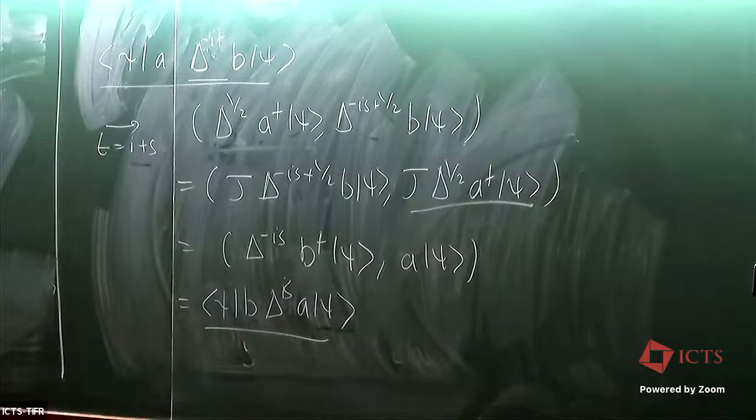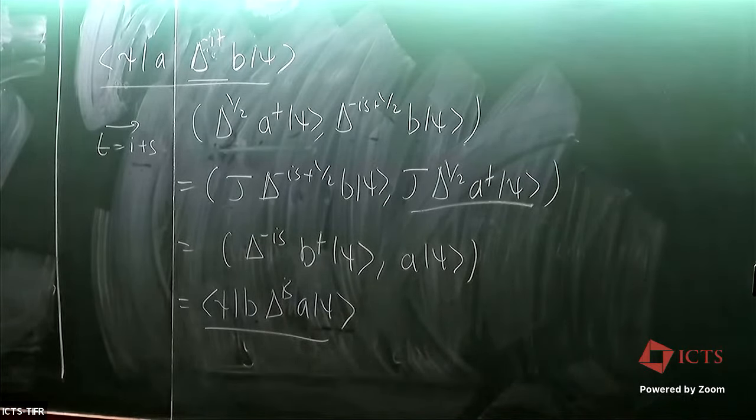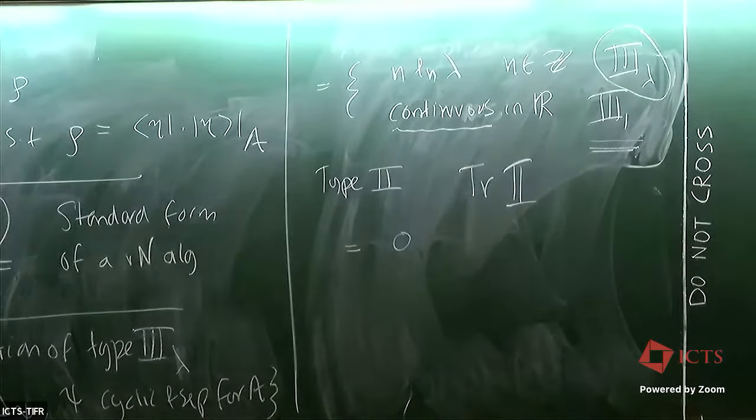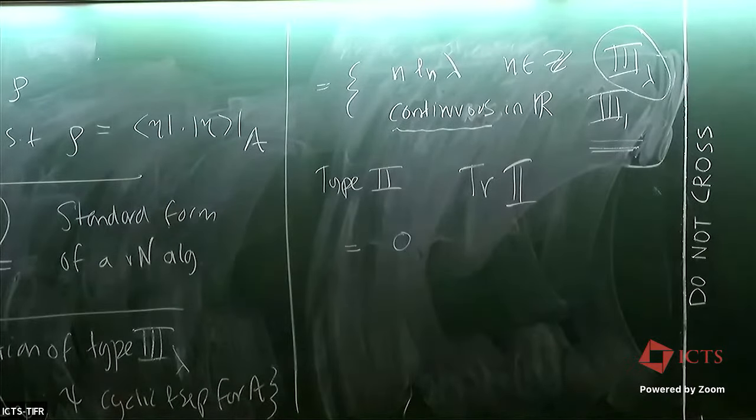If it wasn't cyclic and separating, you can define these things, and then it's not. But that's the only case. Of course, this is always defined for density matrices, right? Sorry, it's not always defined. So it could be infinite. There's some condition on the spectrum of the density matrices, which I forget, so I won't try to remember it here. For now, this is well defined because I'm in this faithful case.